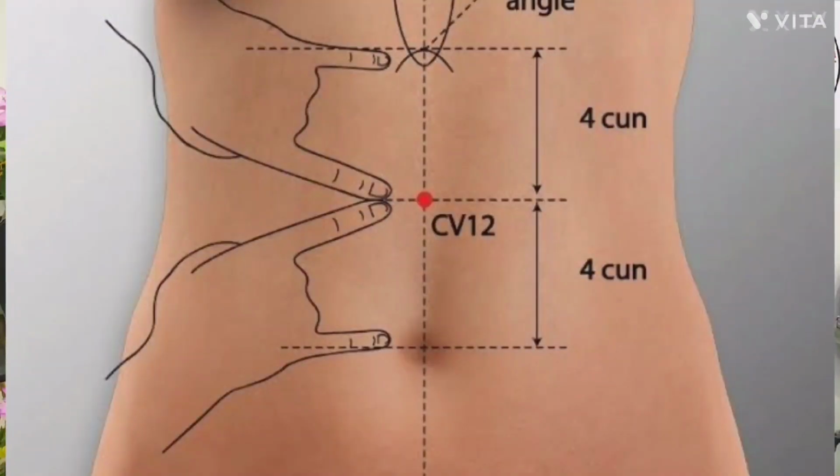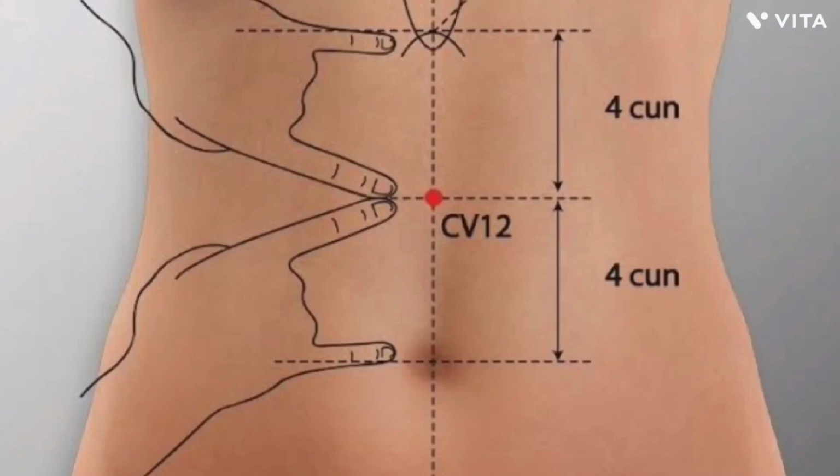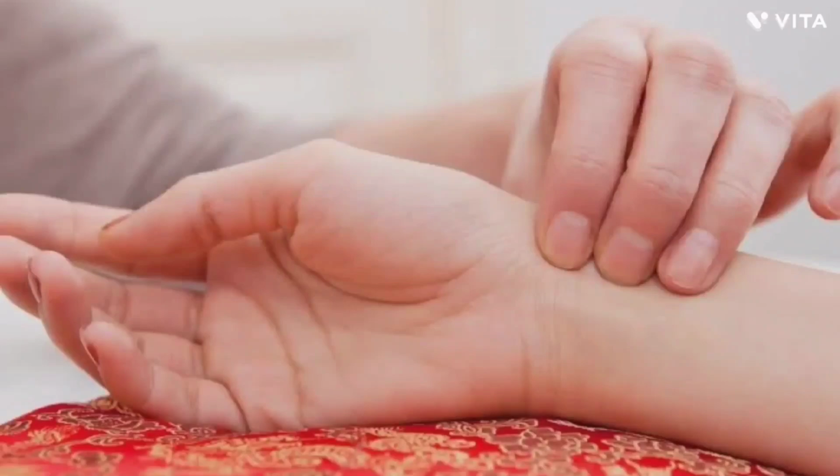Ren 12 is exactly on the center of the abdominal system. That is the front mu alarm point for the stomach. It is the influential point for all the four viscera, regulated by the one point known as Ren 12, isn't it? When the yang pulses are deficient, when there is no pulse on the yang meridians, at that time you want to select one point, that is the 0 point.